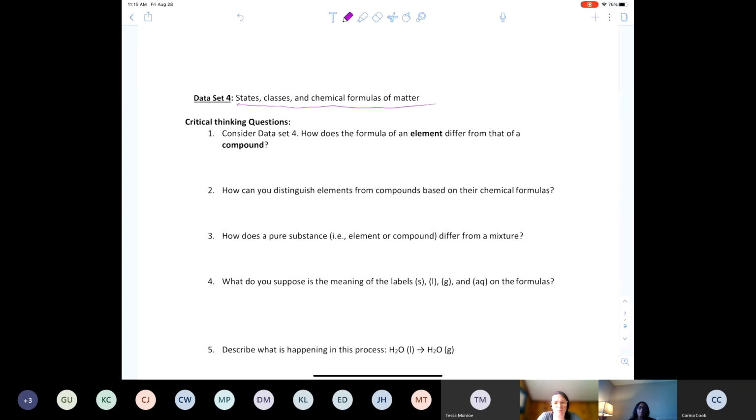Well, we know that an element is made up only of a single type of atom. However, a compound is made up of 2 or more types of atoms.